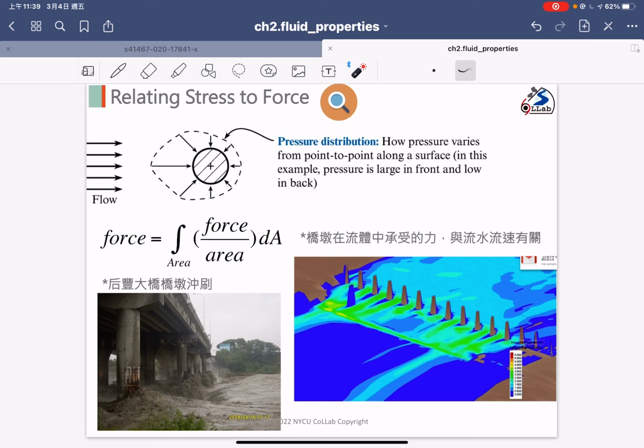And then for our fluid mechanics problems, hydraulic problems, as you see, this is a bridge, and there is some water flow, and the water will erode the bridge structure, right? So for hydrology problems, usually we will use integration, because different areas will have different forces.